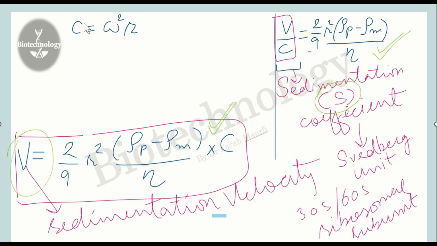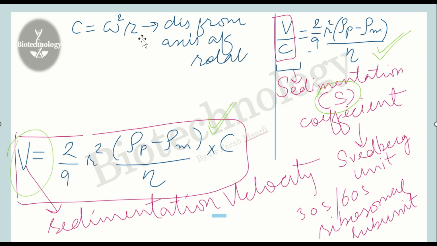Now let's talk about the centrifugal acceleration, that is C. The value of the centrifugal acceleration is equal to omega square r, and r here represents the distance of the particle from the axis of rotation. It is not the radius of the particle, but the distance from the axis of rotation.